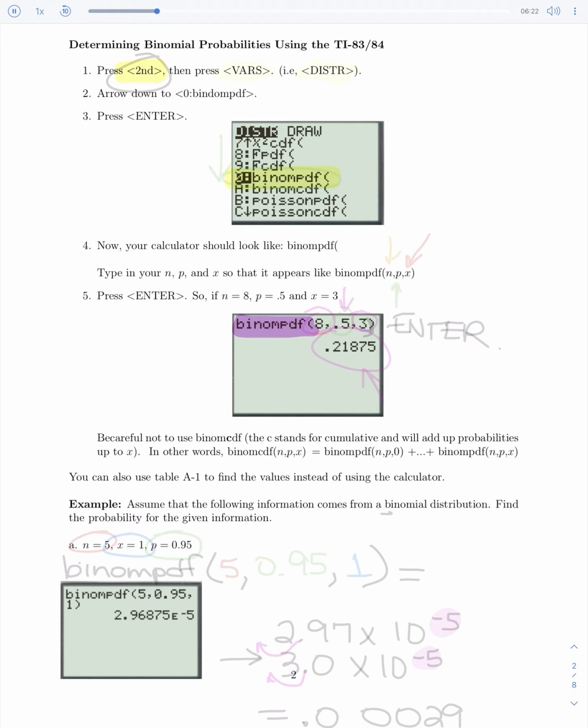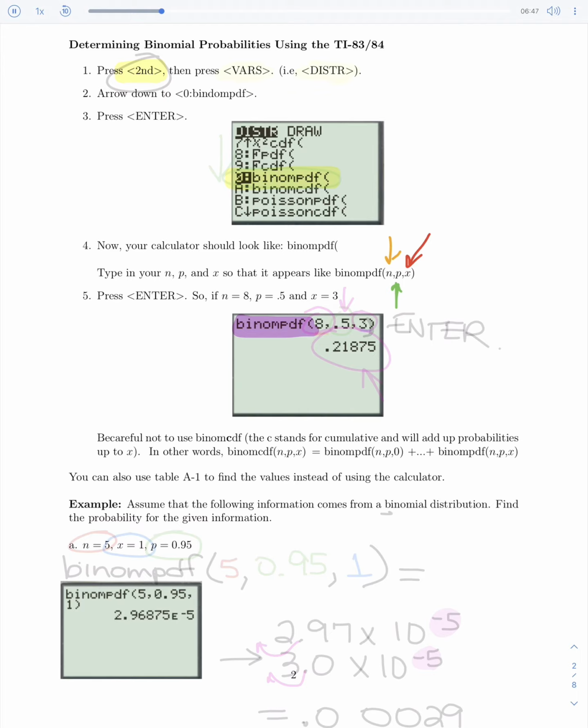What you need to do is input your N first, which is the total number of experiments or games you're going to play. Then you've got to enter in your probability of success second. That's your P. And then whichever X you're looking for the probability for, third.